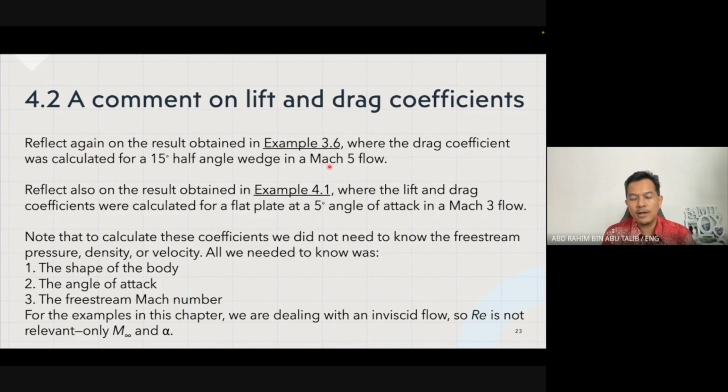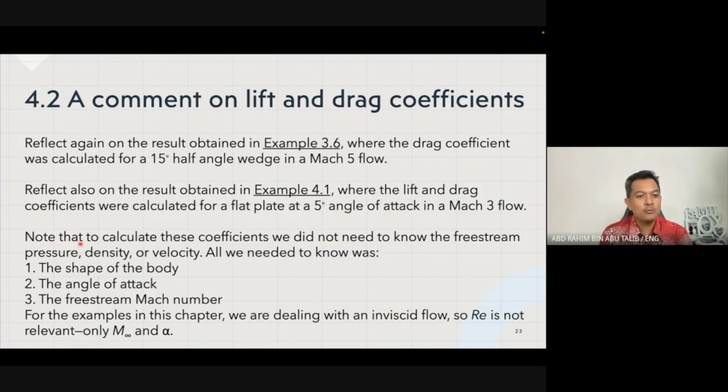Now look at the results obtained in the example 4.1 we have just gone through, where the lift and drag coefficient were calculated for a flat plate at 5 degrees angle of attack in a Mach 3 flow.